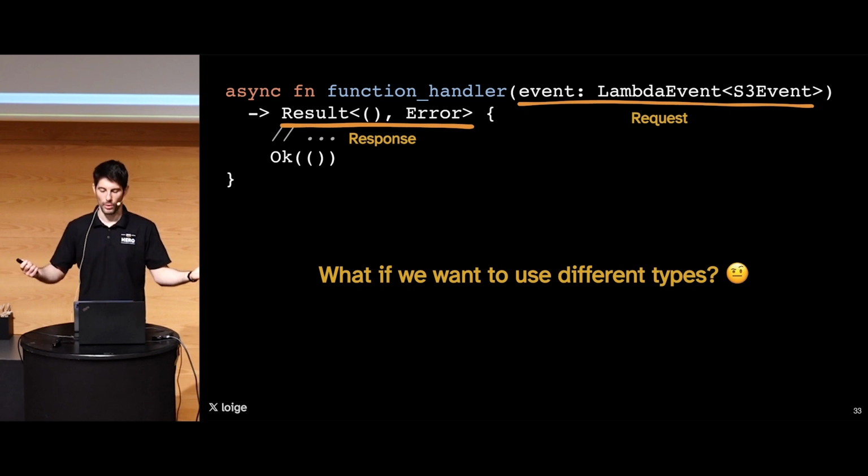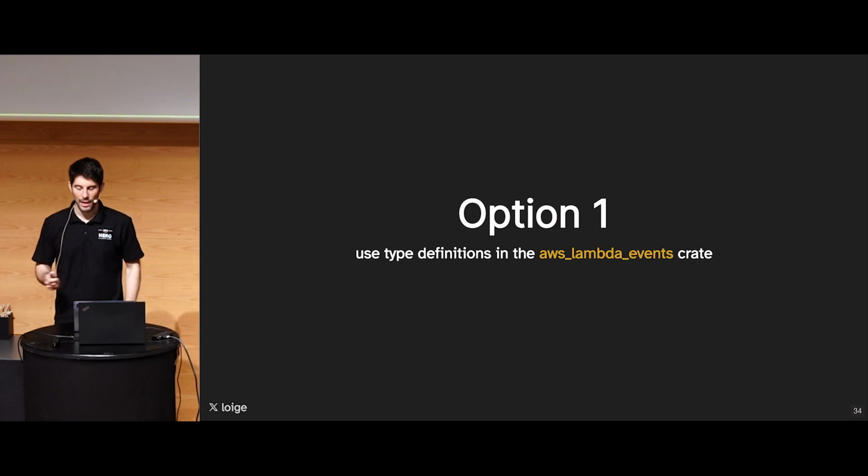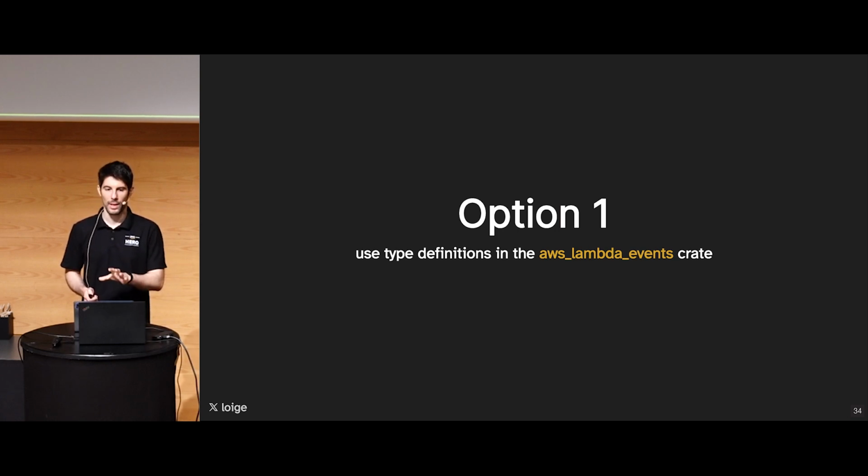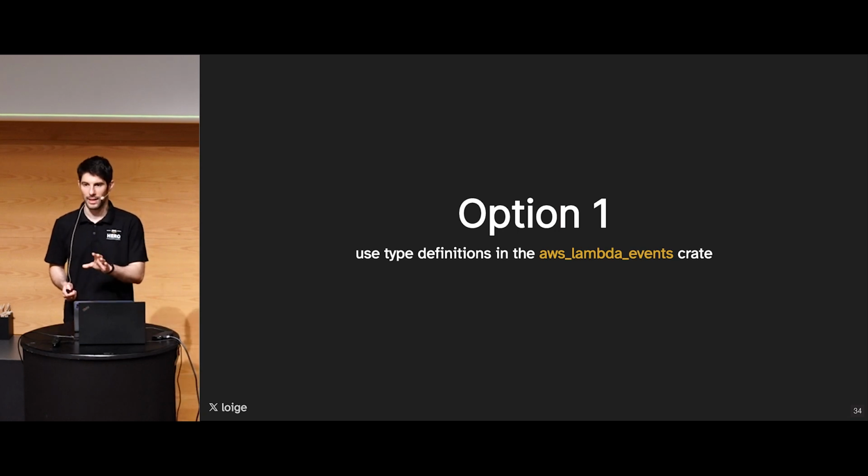But what if we want to use another kind of event? And there are a few different cases. One case is, okay, if we need an event from another AWS service, there is actually a library that we can use that is called AWS Lambda Events, which is the one that was already provisioned for us when we used Cargo Lambda init and selected S3.